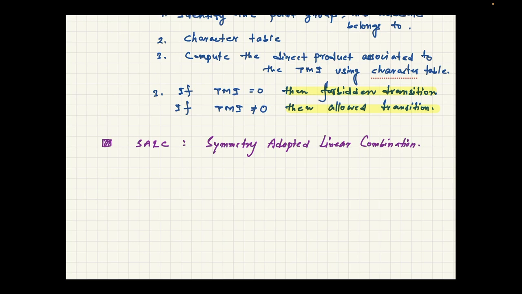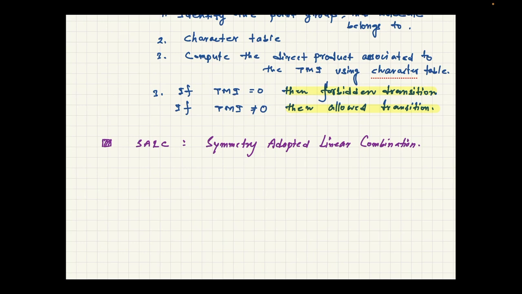Now when you do the molecular orbital diagram, each molecular orbital forms from a combination of different atomic orbitals, and each atomic orbital has some symmetry, so that particular molecular orbital will have some symmetry.